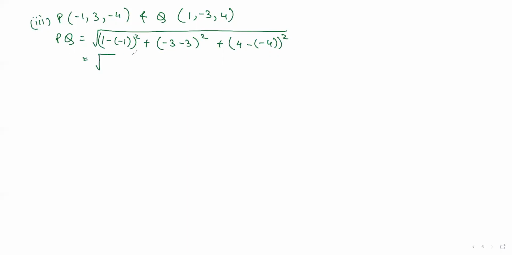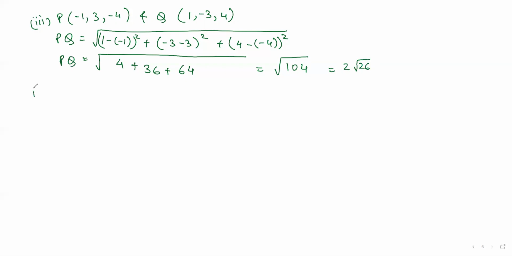This is equal to 1 plus 1, that is 2 square 4, plus minus 3 minus 3, minus 6 square, which is 36, plus 4 plus 4, which is 8, 8 square is 64. So this is root of 104, which is 4 into 26, so 2 root 26. This is your PQ value for the third part.